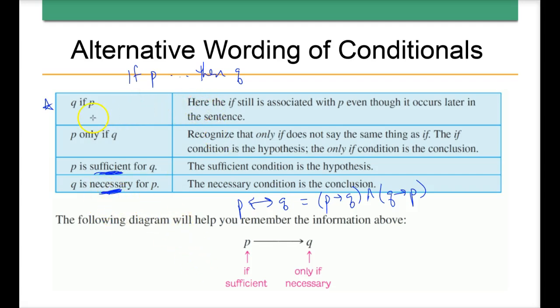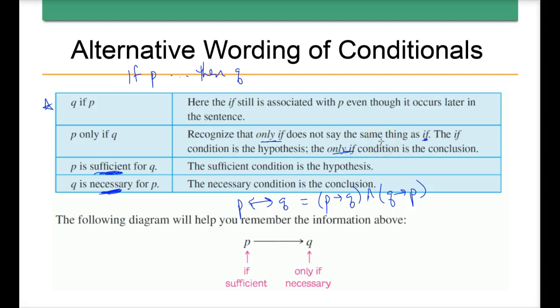Now we see here for the Q if P, the if is still associated with P even though it occurs later in the sentence. And for the second one here, P only if Q, recognize that only if does not say the same thing as if. The if condition is the hypothesis. The only if condition is the conclusion.